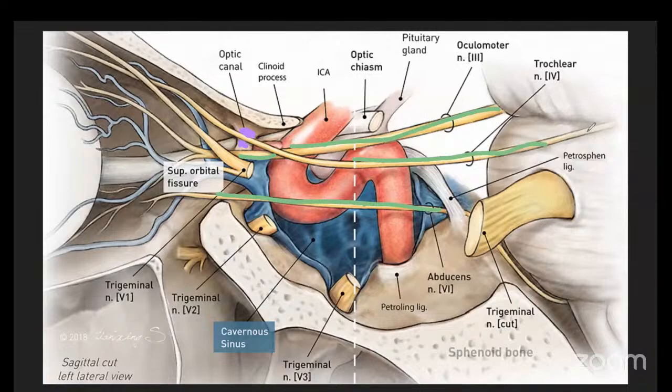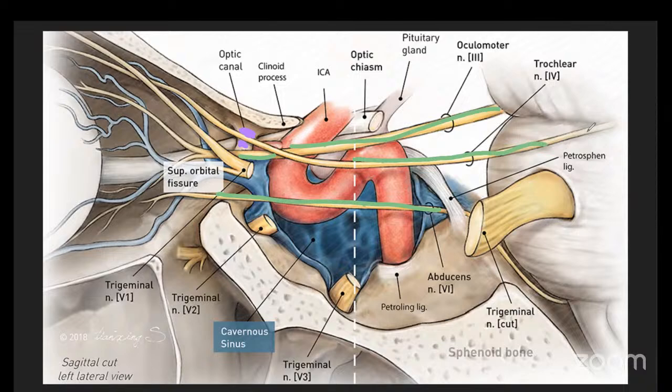Optic strut. That's right. So now on the sagittal section, you can clearly see how the optic strut is separating the optic canal from the superior orbital fissure, and its inferior location to the anterior clinoidal process.